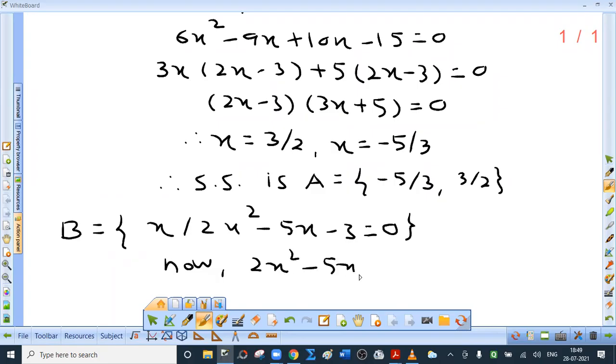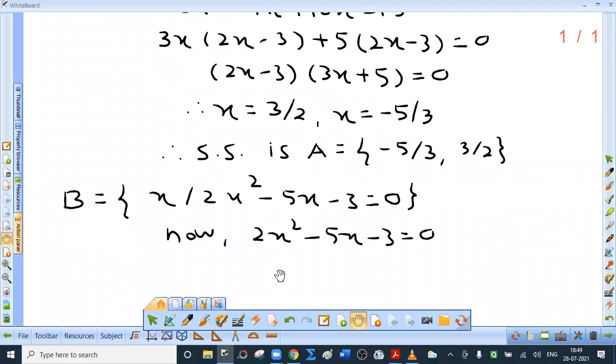Split middle term as what? Minus 6x plus x. Okay, so can I say that roots are 2x plus 1 and x minus 3?